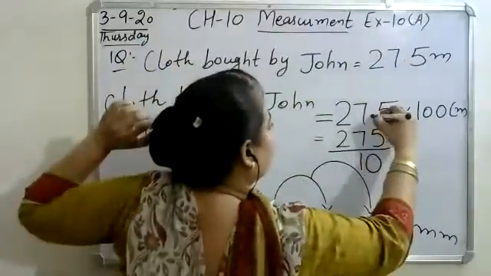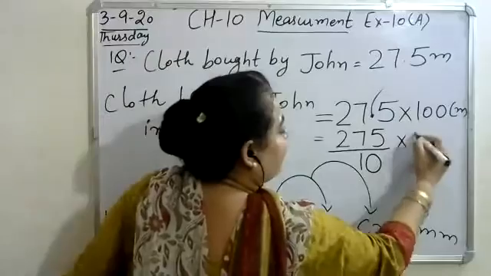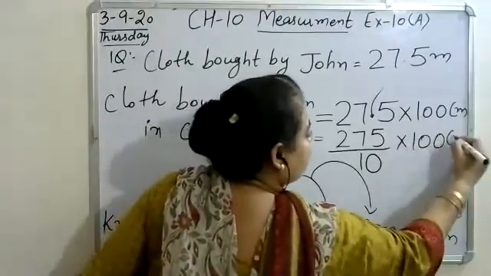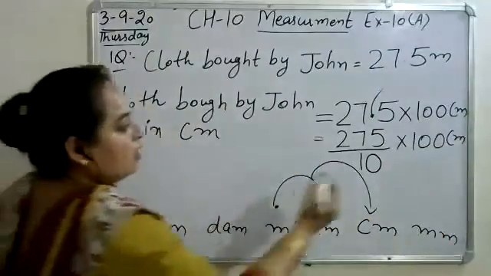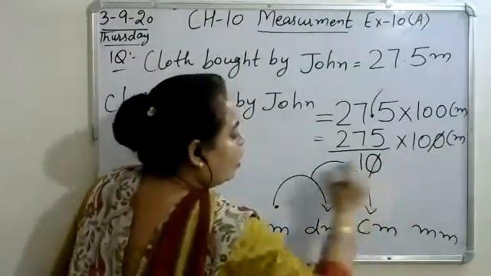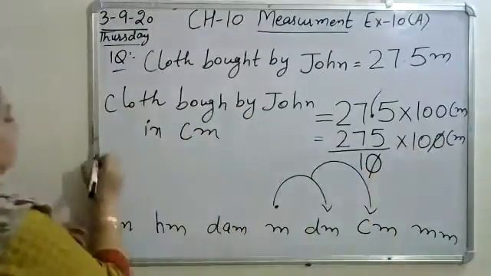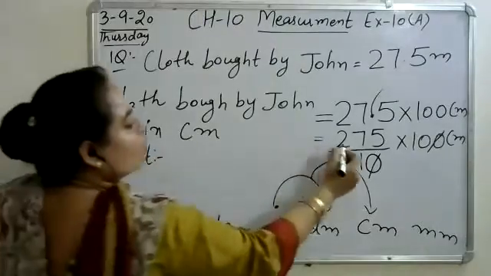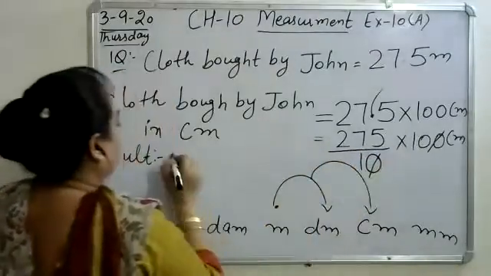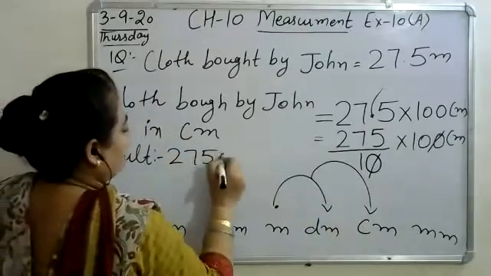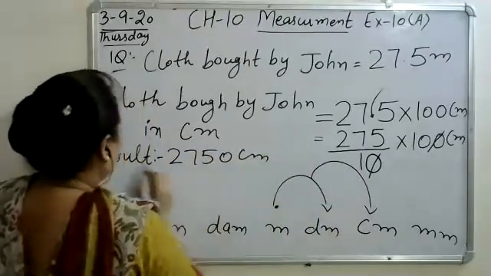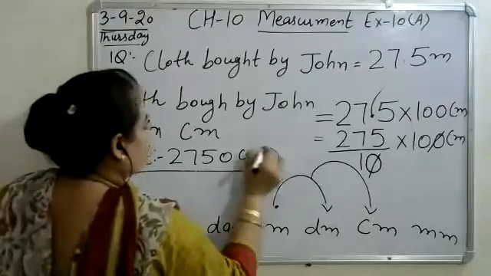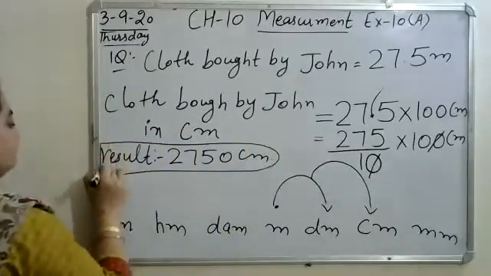Decimal removed, multiplied by 100 centimeter. Now 0 cut, 0 cut. So in the result you will write 2750 centimeter. This is the result in centimeter.